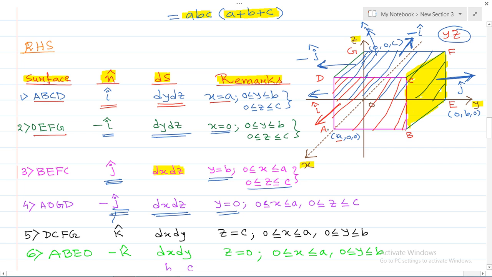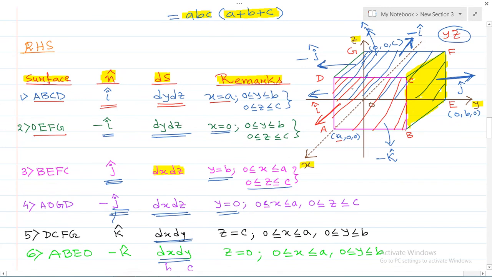Similarly, for the bottom surface ABEO, the outward unit normal is in the opposite direction, that is the negative side of the z axis, so it is going to be minus k cap. Since both surfaces ABEO and DCFG are situated in the xy plane, our elementary area ds is going to be dx dy.